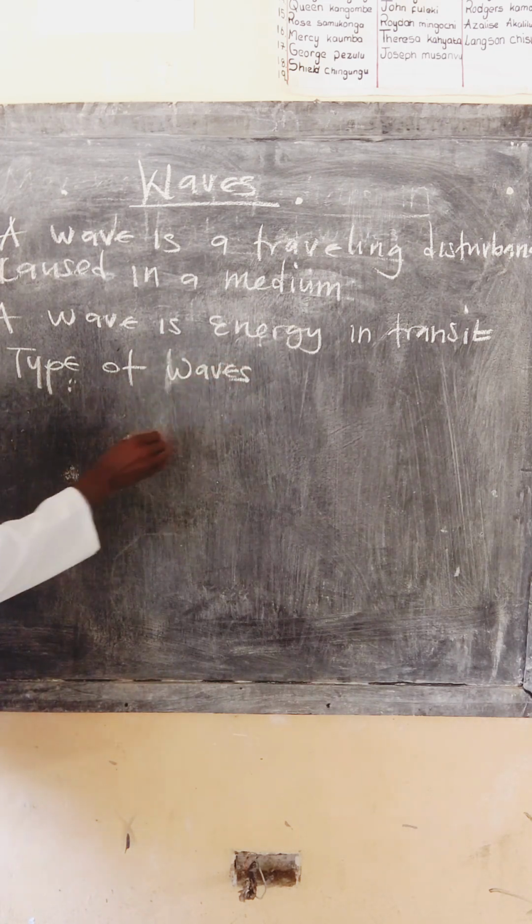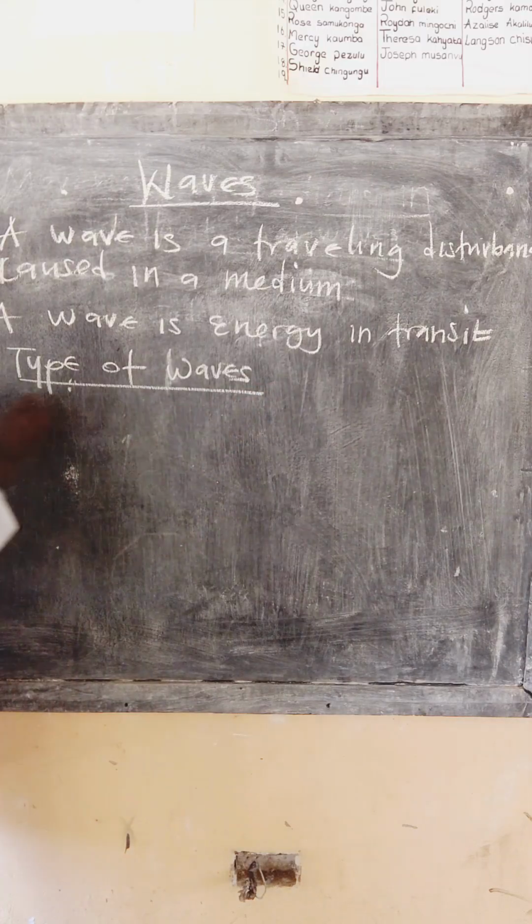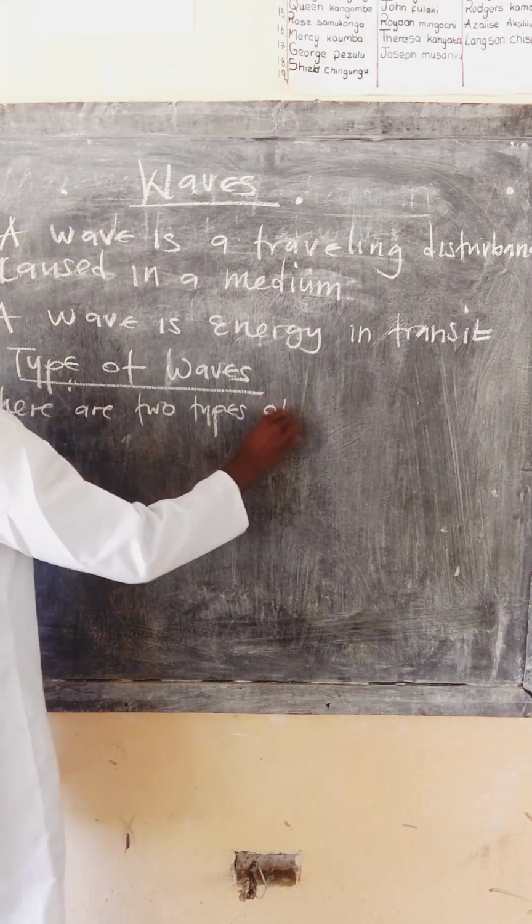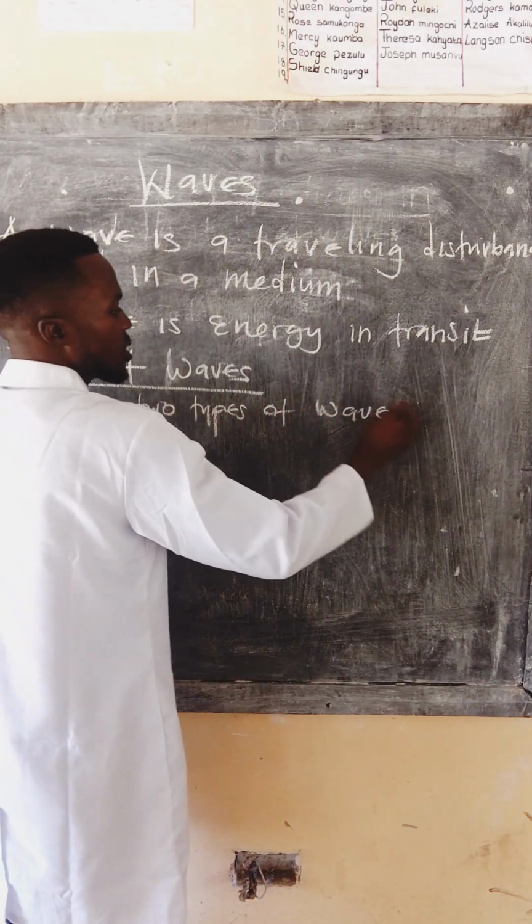of waves. So types of waves, we can simply say there are two types of waves.